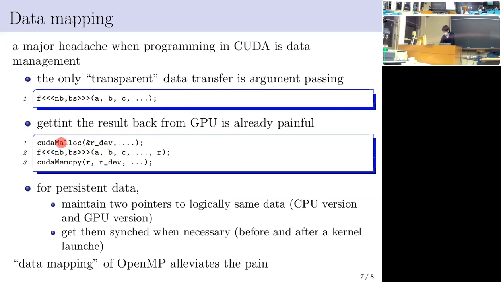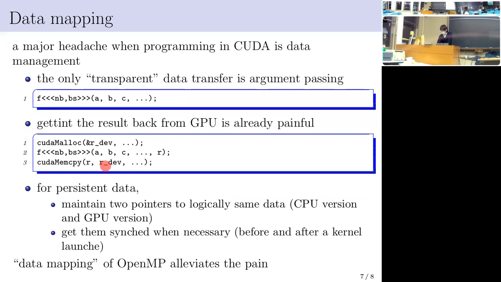Another typo. So first you need to allocate the memory on GPU, and RDEV becomes a pointer to it. And you pass the RDEV, not R. But this kind of mistake happens. So you pass this RDEV as an argument to the kernel function, and the kernel function writes results to the address pointed to by this RDEV.